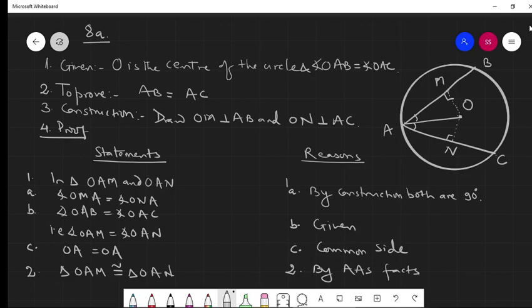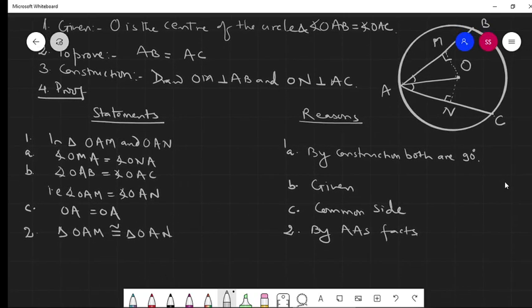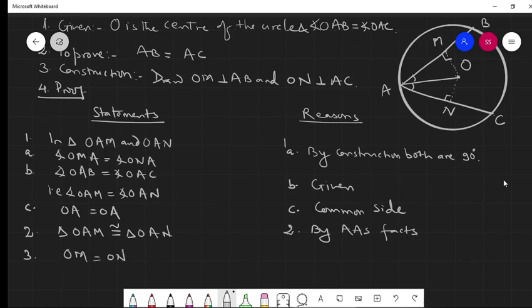Now after this, number 3, dear students: OM equal ON, the reason is corresponding sides of congruent triangles.